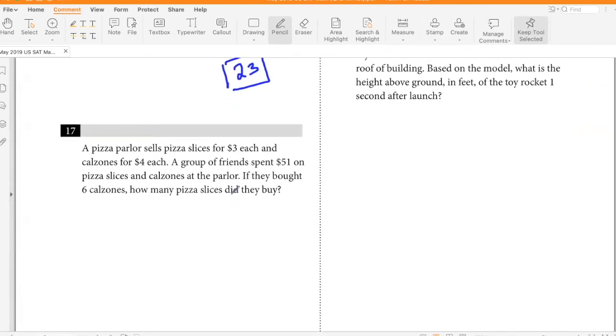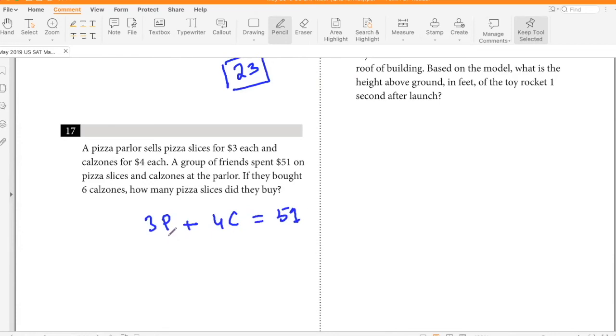A pizza parlor sells pizza slices for $3 and calzones for $4. A group of friends spent $51 on pizza slices and calzones at the parlor. If they bought 6 calzones, how many pizza slices did they buy? Okay, so 3 pizza slices plus 4 calzones, the total is 51, right?